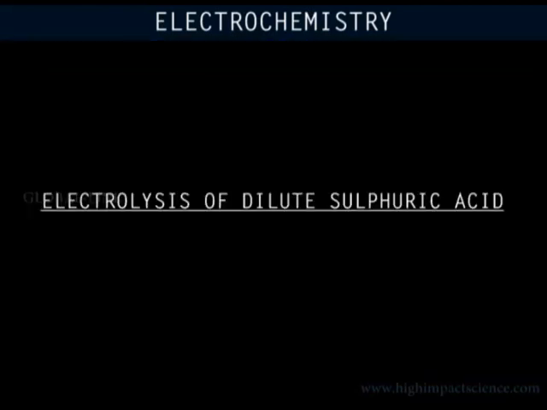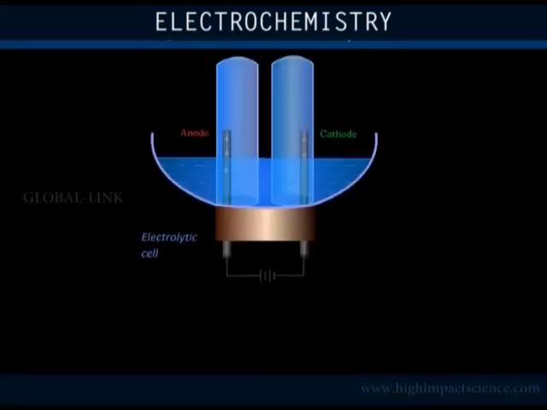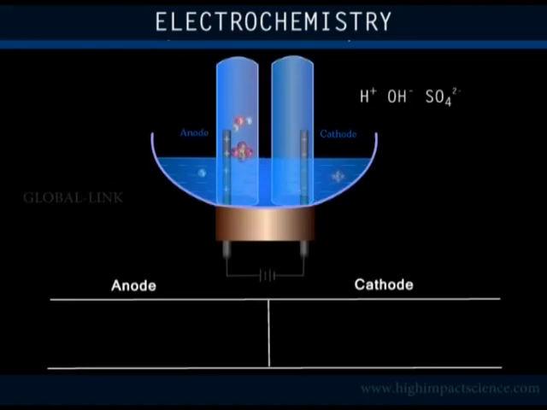Next, we look at electrolysis of dilute sulfuric acid. Now, a solution of dilute sulfuric acid contains 3 ions: hydrogen, sulfate, and hydroxyl ions. During electrolysis, hydrogen ions migrate to the cathode, while sulfate and hydroxyl ions migrate to the anode.